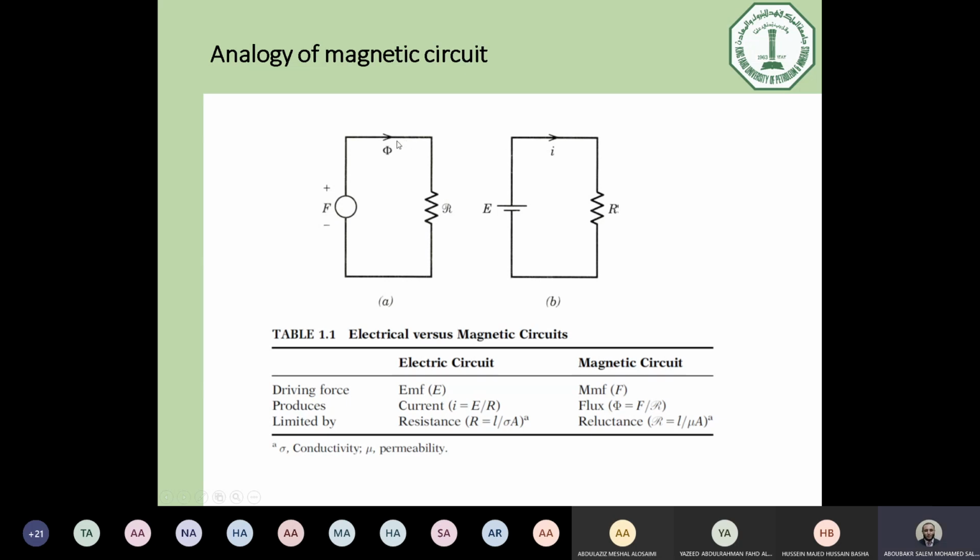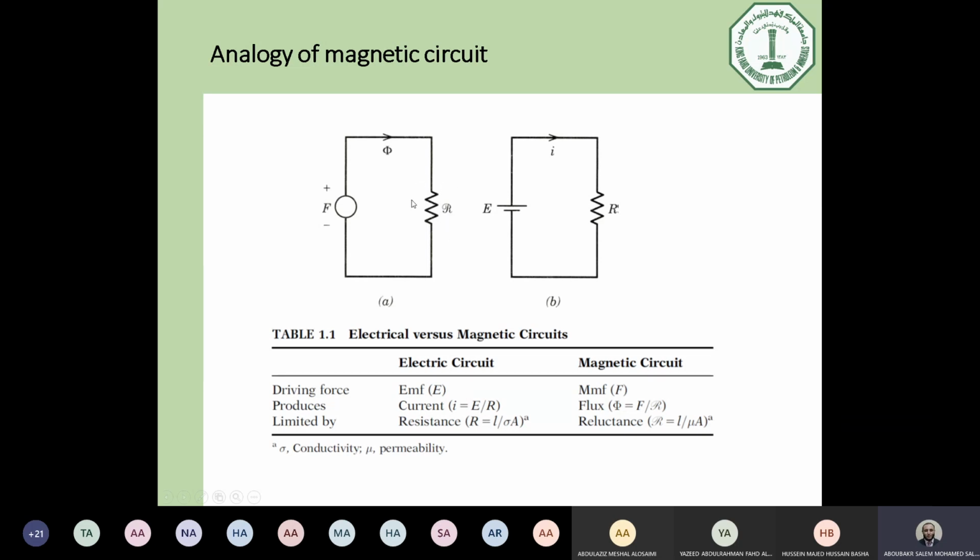The source here depends on F, which is the MMF or magnetomotive force, and the source in electricity is the EMF, electromotive force, which is the supply voltage.